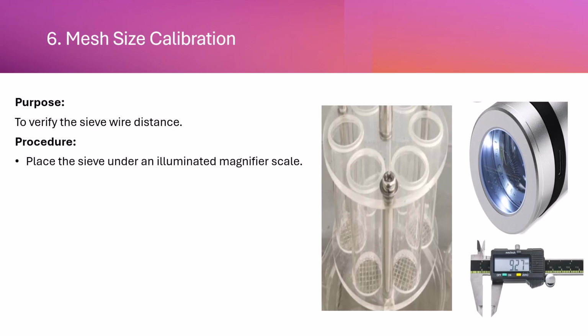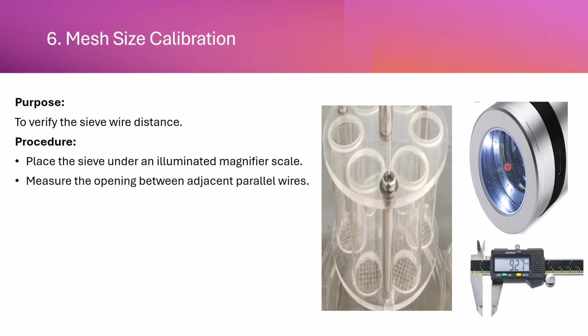First, place the sieve under an illuminated magnifier equipped with a calibrated scale. Here you can see this illuminated magnifier scale is generally used to measure the sieve. To measure the sieve size, you can invert this basket, and with the help of this illuminated magnifier scale you can measure, right?